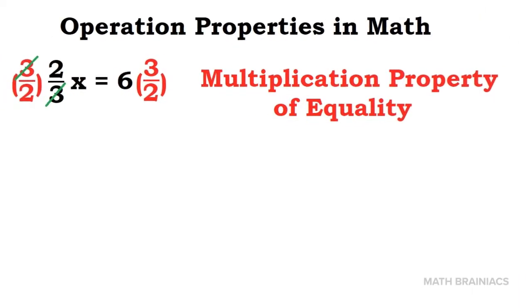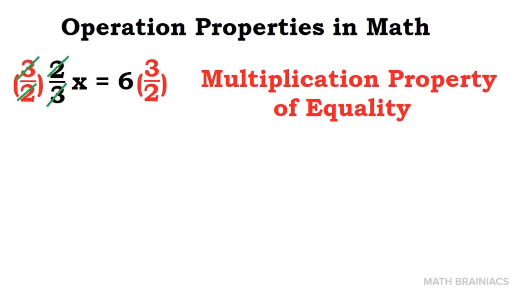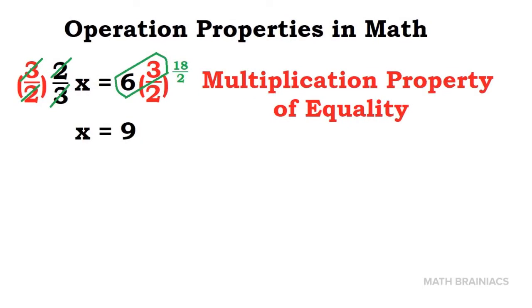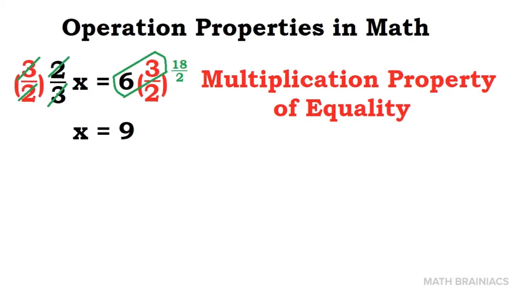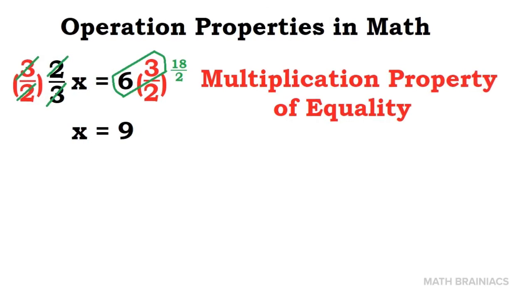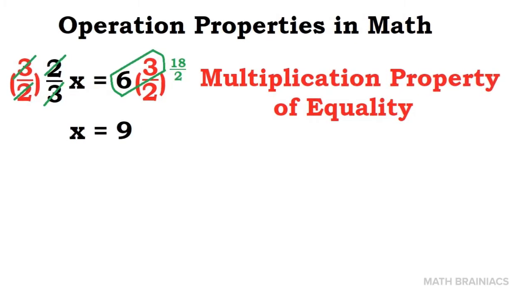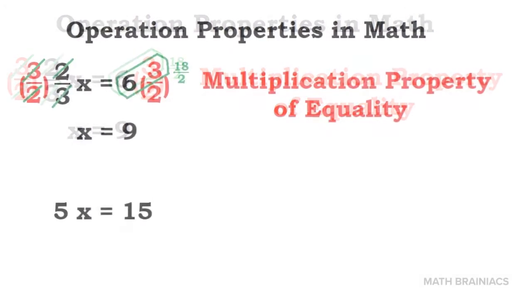Then, we can cancel out the 3 on the left side. Afterwards, we can also cancel out the 2 on the left side. Working on the right side, 6 times 3/2, we are going to multiply 6 by 3, which will give us 18 divided by 2. We can come up with x is equal to 9.